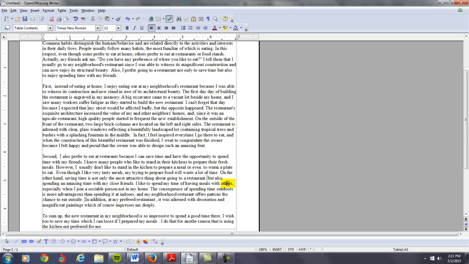So the consequence of spending time outdoors is more advantageous than spending it indoors, and my neighborhood restaurant offers patrons the chance to eat outside. So you have to say something like that so that it connects back to what you're trying to argue there.